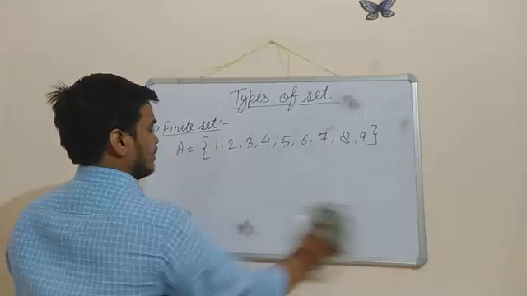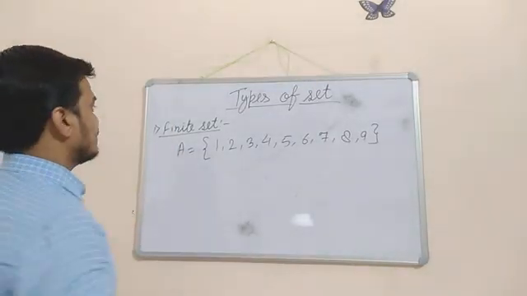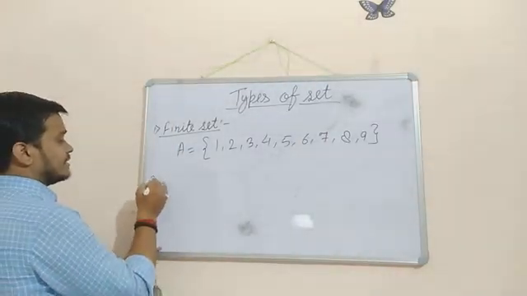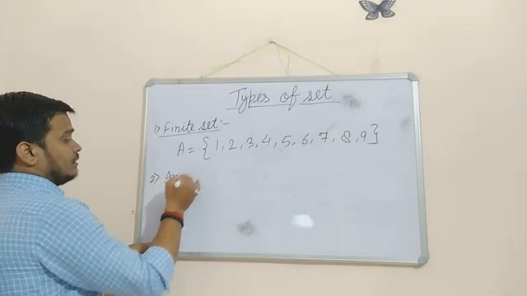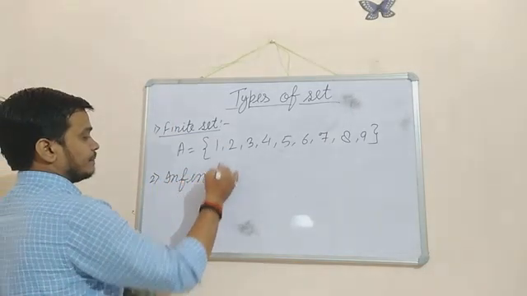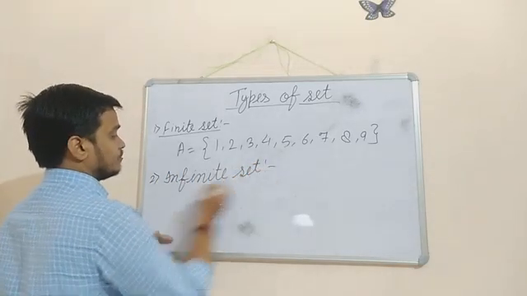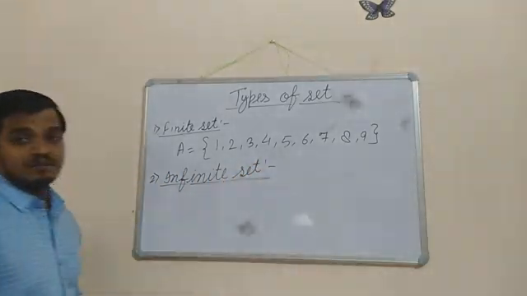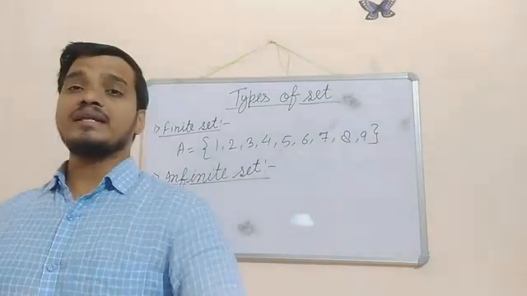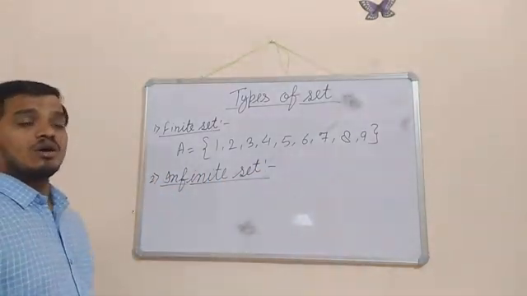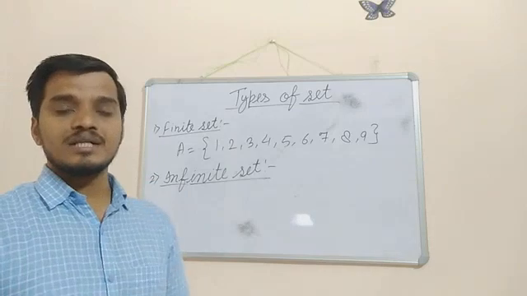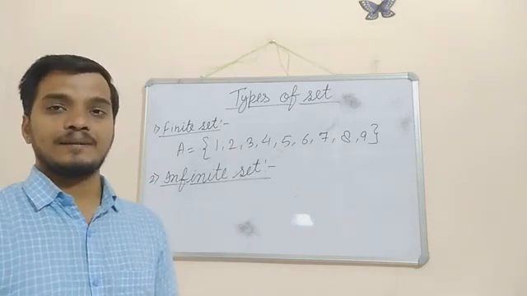Okay. In the same way, one more type of set is coming, that is infinite set. Infinite set means what? When the collection of the object is not a limited value, it should be unlimited.